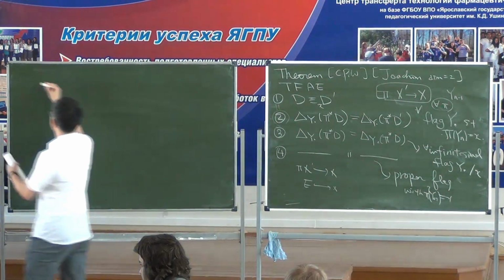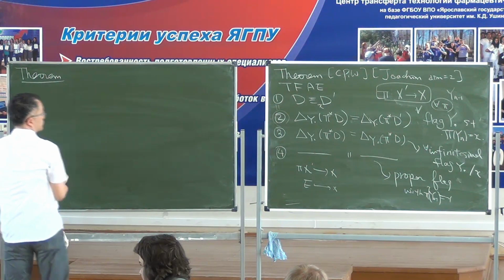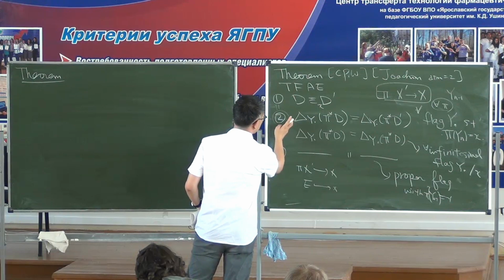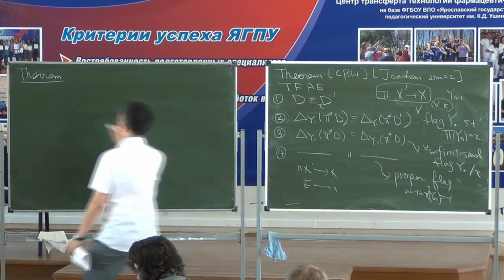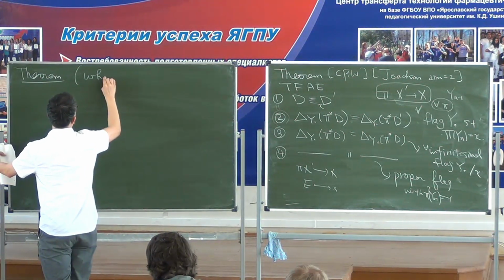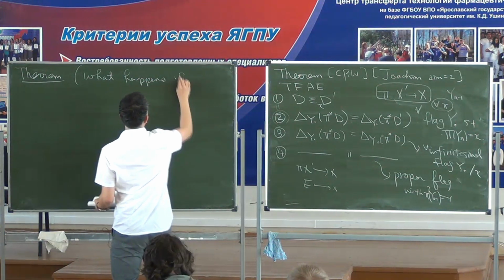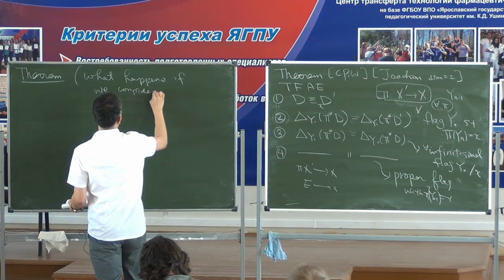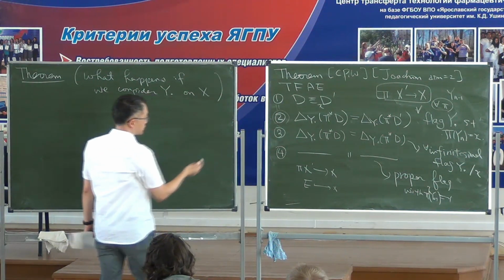So in two, what happens if we consider y1 on X without blowing up.